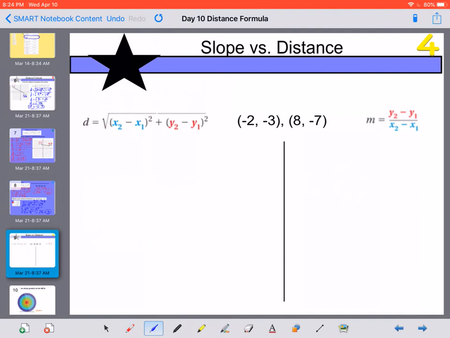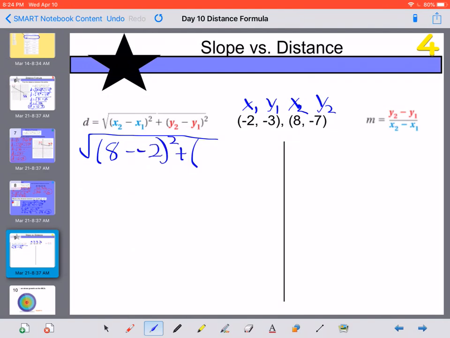Last thing we're going to talk about is slope versus distance. So we're going to look at the difference between a distance and a slope. It's the same thing. We're still going to have x1 and y1, and x2 and y2. For distance, we have the square root of x2, 8 minus a negative 2 squared, plus negative 7 minus a negative 3 squared.